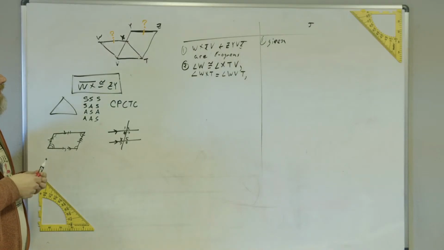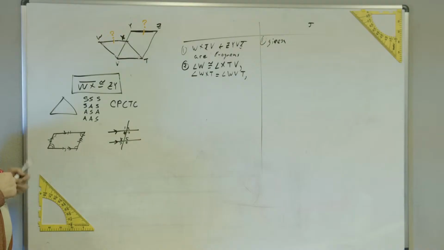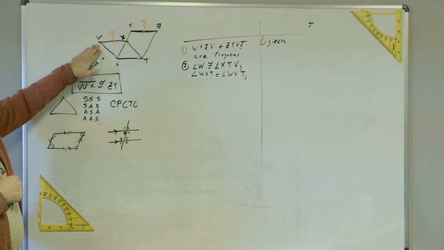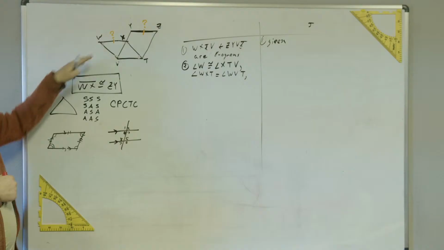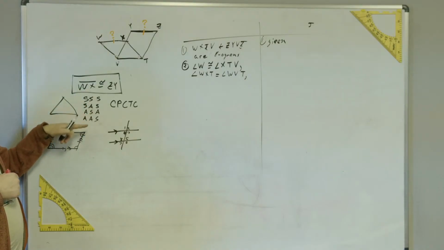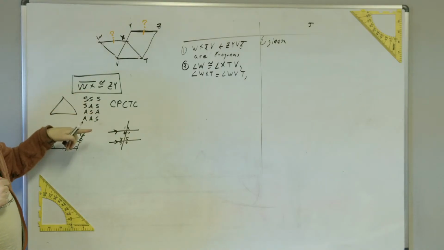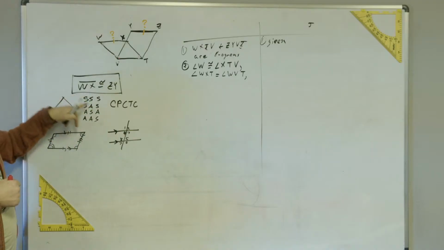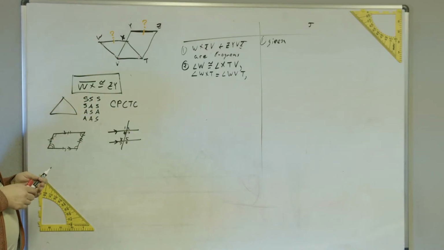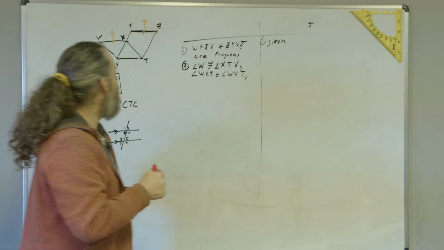We may as well go ahead and get the big one on there as well. We've already got a couple sides of a triangle, so we've already got an A. That could be helpful. Let's keep on going.